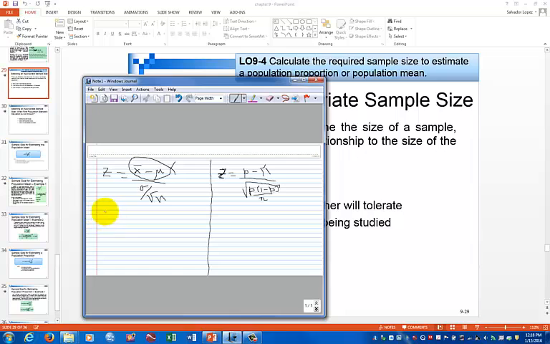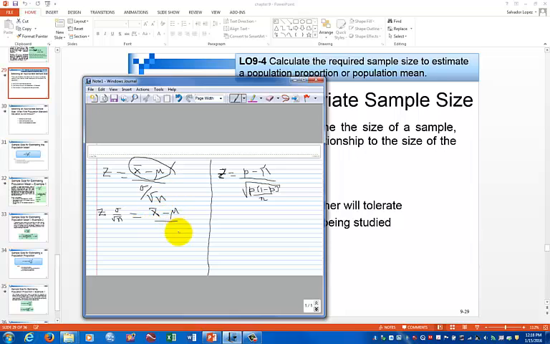If we multiply sigma over the square root of n on both sides, then we will get x bar minus mu on the right-hand side, because the two expressions sigma over the square root of n will be cancelled.